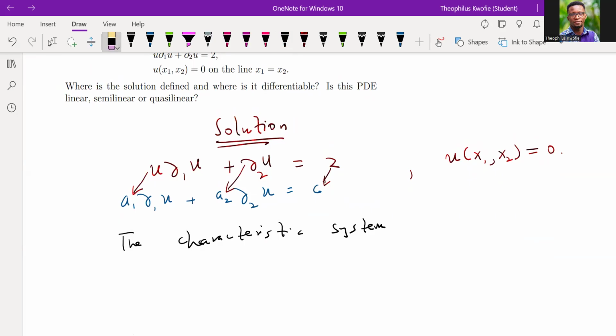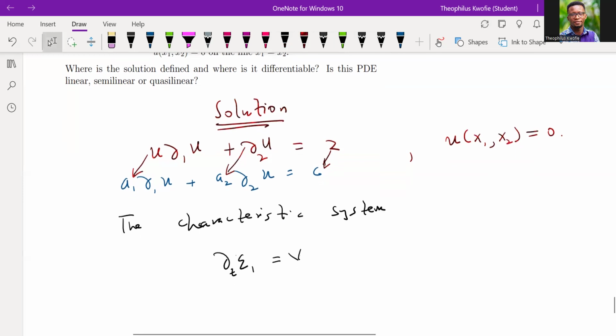Let me just take my time to write it well. Partial of xi1 with respect to t will be equal to your A1, right? And your A1 in this question is u. But u, we said, corresponds to v. So we have that to be v. Is that okay?